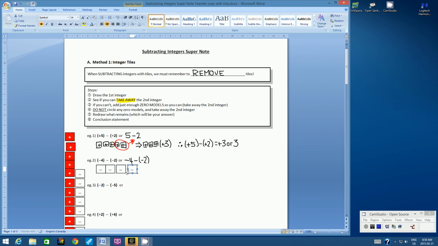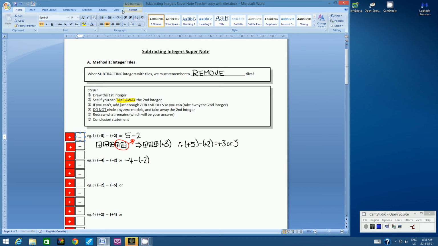Is it possible to take away 2 negative tiles? Yes, it is. So let's do that. Let's take away 2 negative tiles. And whatever remains should be the answer. So our answer should be -2. I hope that makes a little bit of sense. So let's clear your board. Let's clear your tiles.